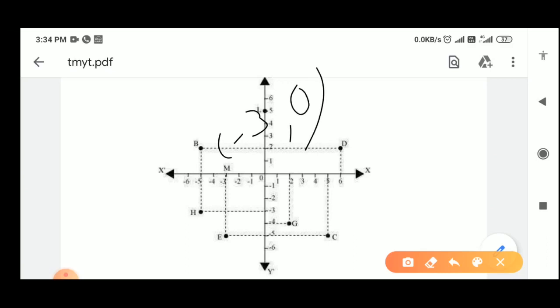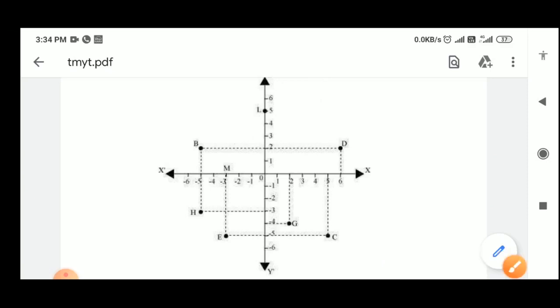So when the point is lying on x axis, the y coordinate will be 0, and when the point is lying on y axis, the x coordinate will be 0. So like this you will solve all of these.